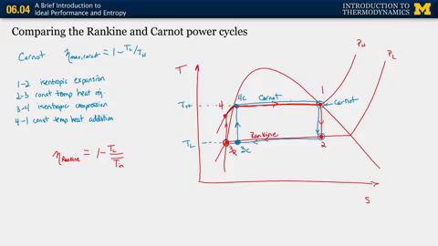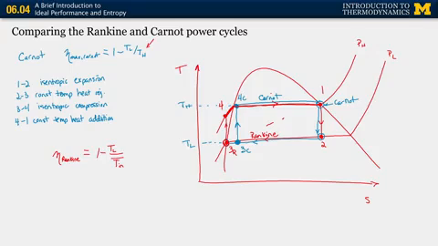So you can see the Carnot cycle, this T in here, this T high, is going to be a higher value than the Rankine cycle, right? The Rankine has this little piece right here, which is at a lower temperature than the Carnot cycle, so it has a slightly lower efficiency than the Carnot cycle.